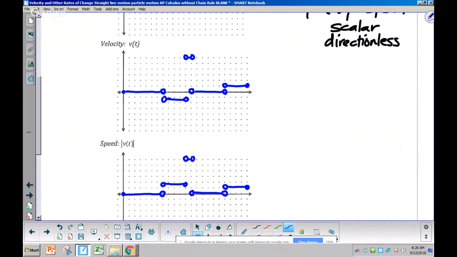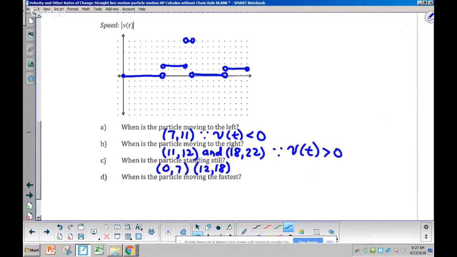Let's talk about the bracket for the particle standing still. Would you put a bracket at 0? You can put a bracket there, sure. I would accept either.